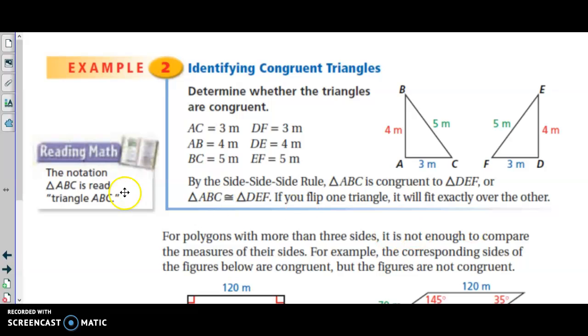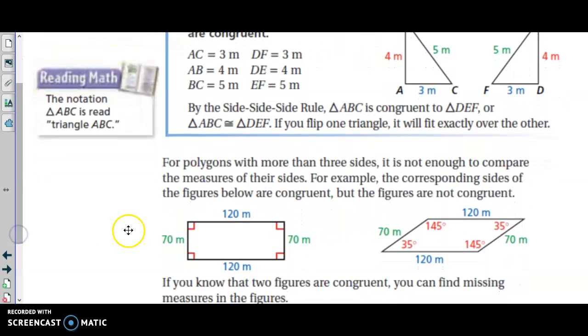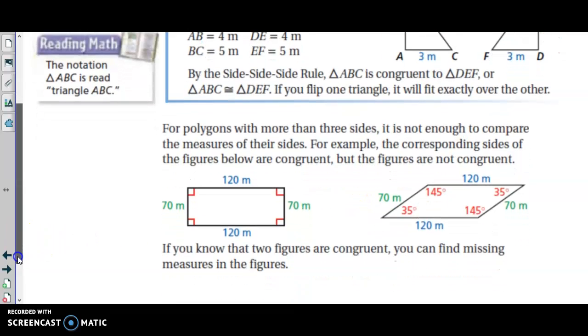For polygons with more than 3 sides, it is not enough to compare the measures of their sides. For example, the corresponding sides of these quadrilaterals are congruent, but the figures themselves are not congruent. If you know the two figures are congruent, you can find missing measures in the figures. These are not congruent because even though the parallel sides are 120 meters and the other pair is 70 meters, the angles themselves are not congruent.